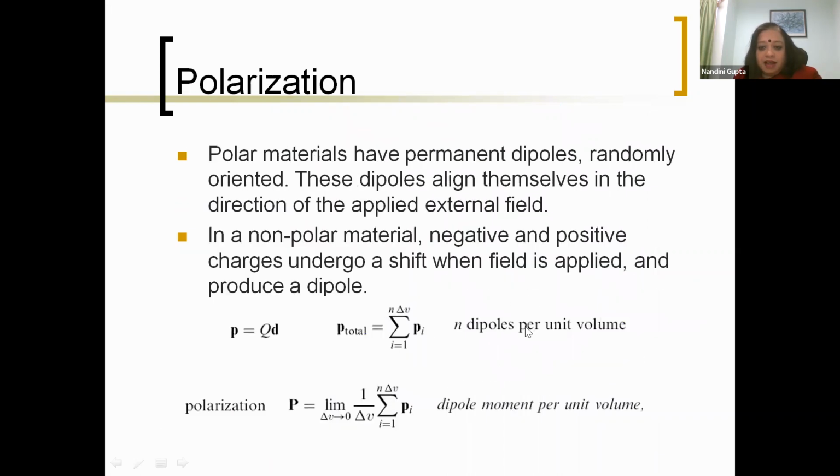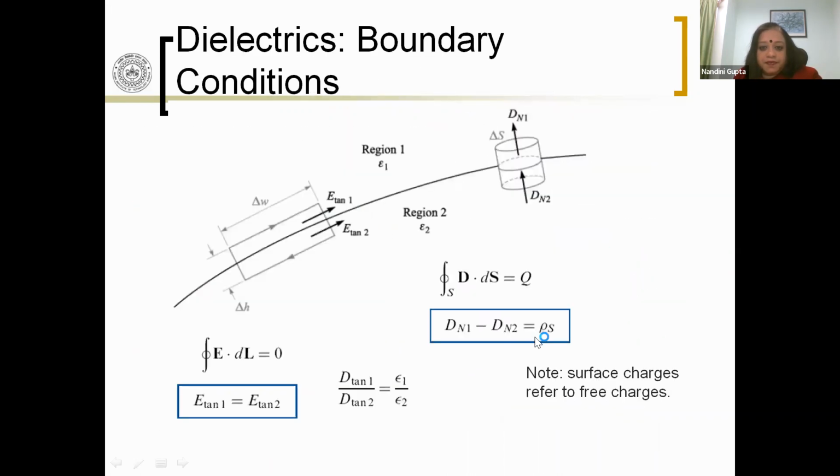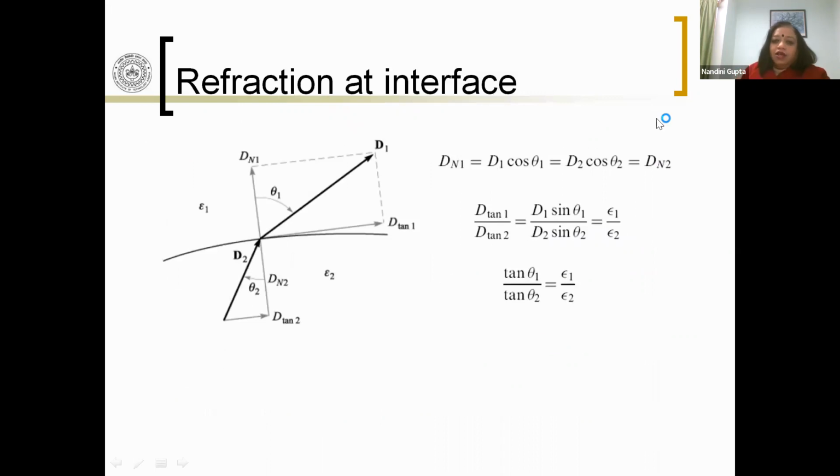Right? So where was I? Okay, so that is about the boundary conditions. On top of that, let's say you have a flux line D1 in medium 1 with permittivity epsilon 1, and Dn2 at permittivity epsilon 2.